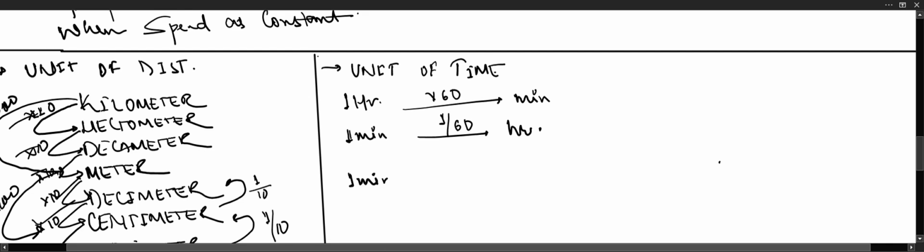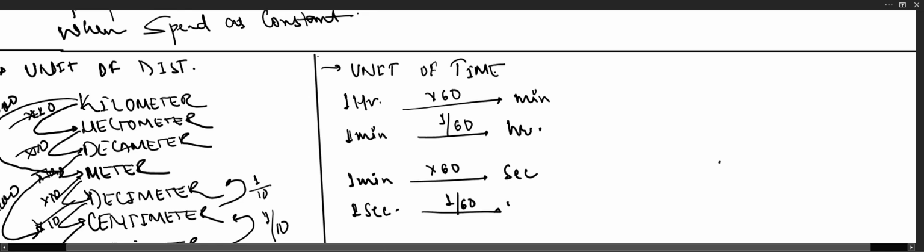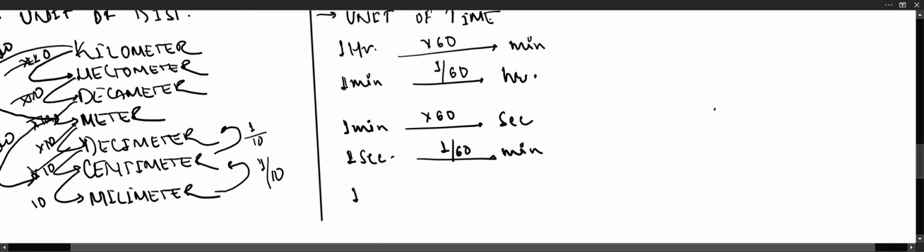If I want to change 1 minute into seconds, then I have to multiply it with 60, and again 1 second into 1 minute, that is 1 by 60. 1 hour into seconds, that is 3600, 60 into 60: first we will convert hour into minute, then minute into seconds.